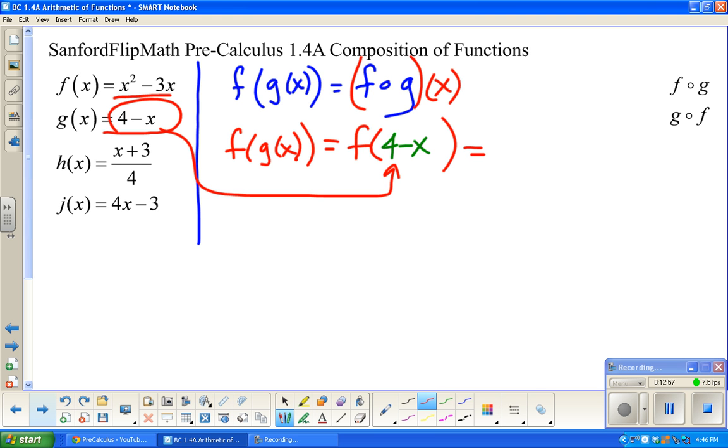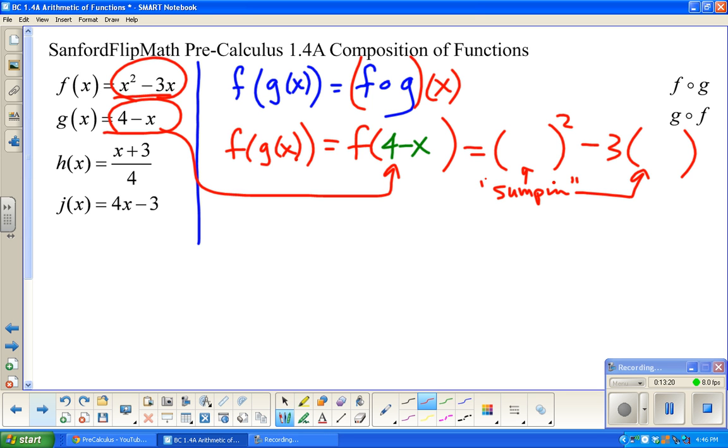Now again, I've said this before, I'll say it a lot of times, I think this is the cleanest way to do this without making mistakes. If I just go through this function and say, well, I know it's something squared minus 3 times something. So something goes there. Now, that's like a spot to put something, and the something I'm going to put is this 4 minus x.